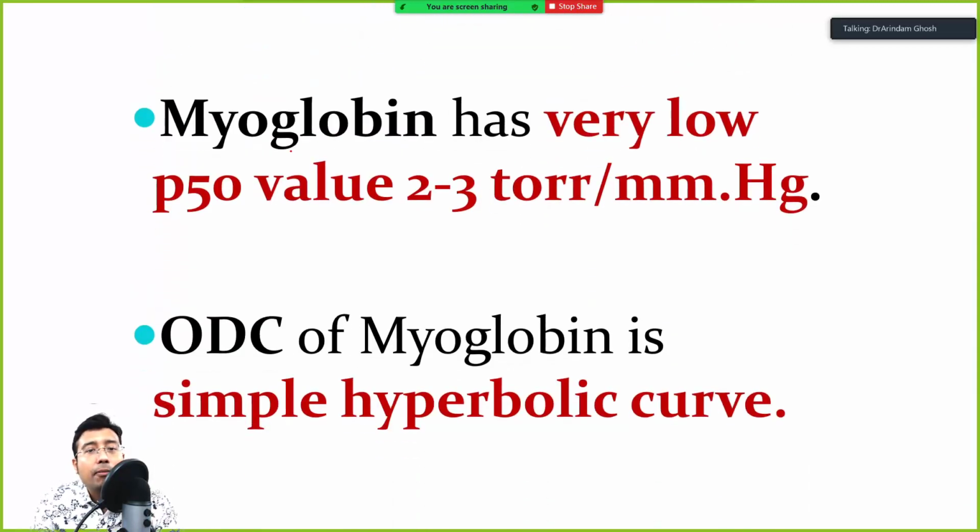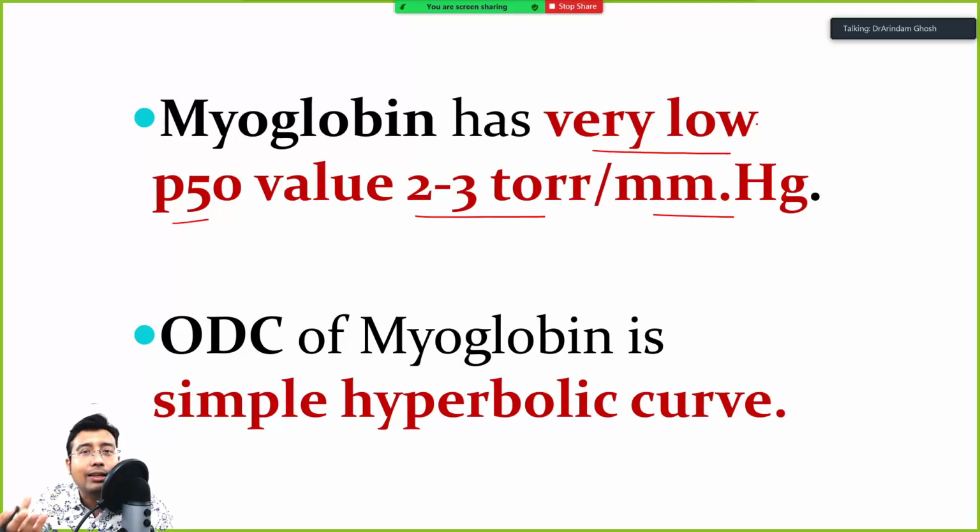Anyway, so myoglobin, again we are looking at the differences now, has got a very, very low P50 value, 2 to 3 torr or millimeter of mercury. We are talking about a drastically low value. We saw that in case of adult hemoglobin, it was 27. We told, okay, fetal hemoglobin has got a very high affinity.